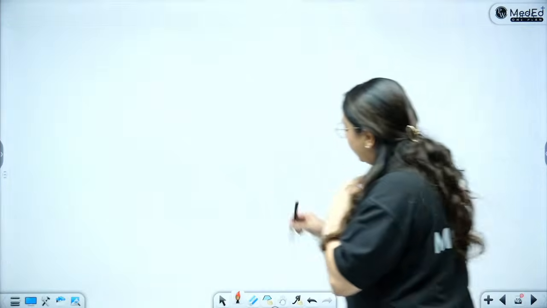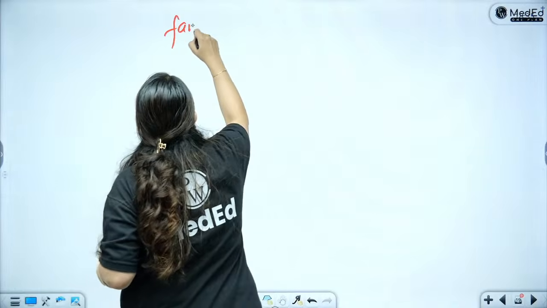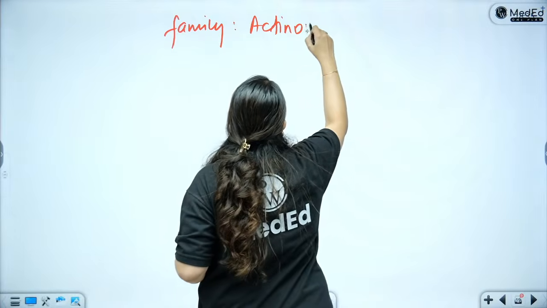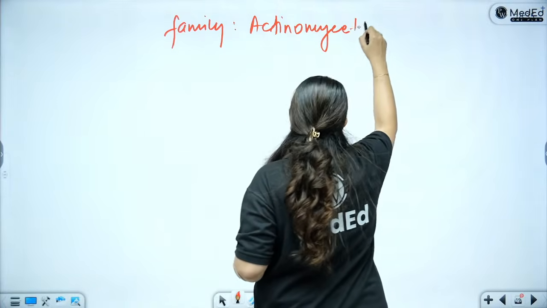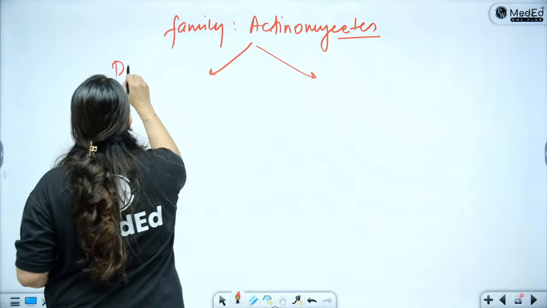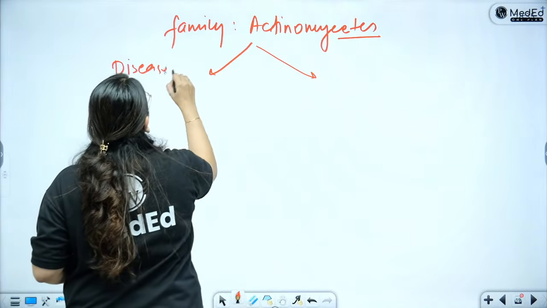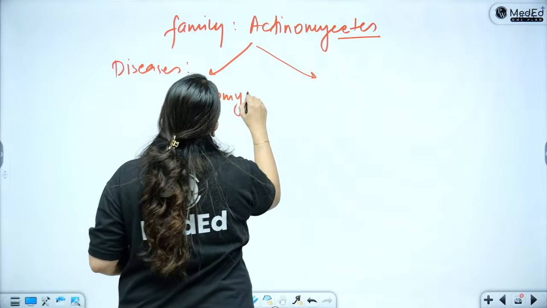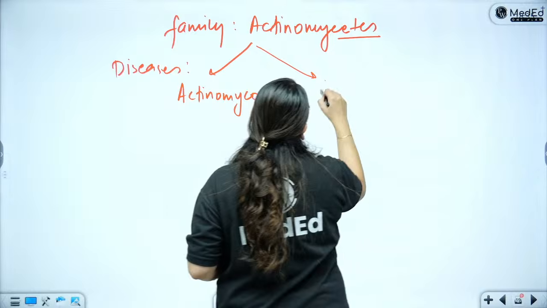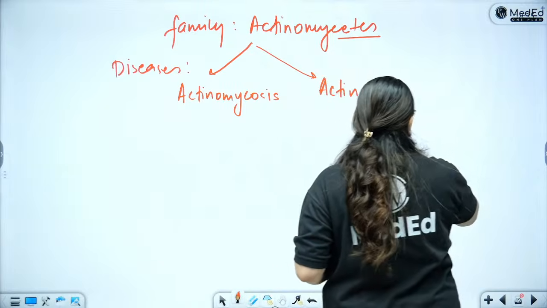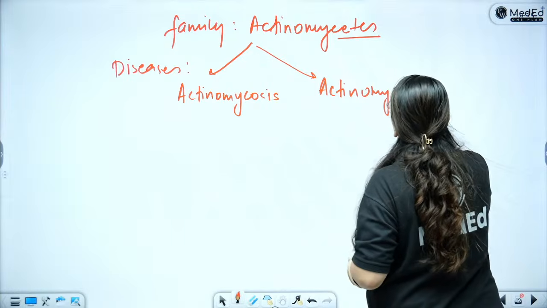What is the family? The family is Actinomycetes. ठीक है? Then it can cause diseases. So what are the diseases? Diseases are actinomycosis or actinomycetoma.